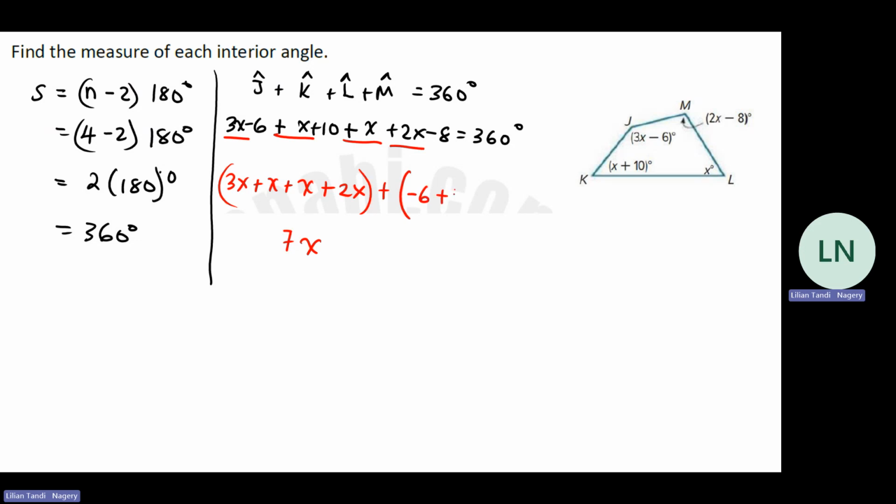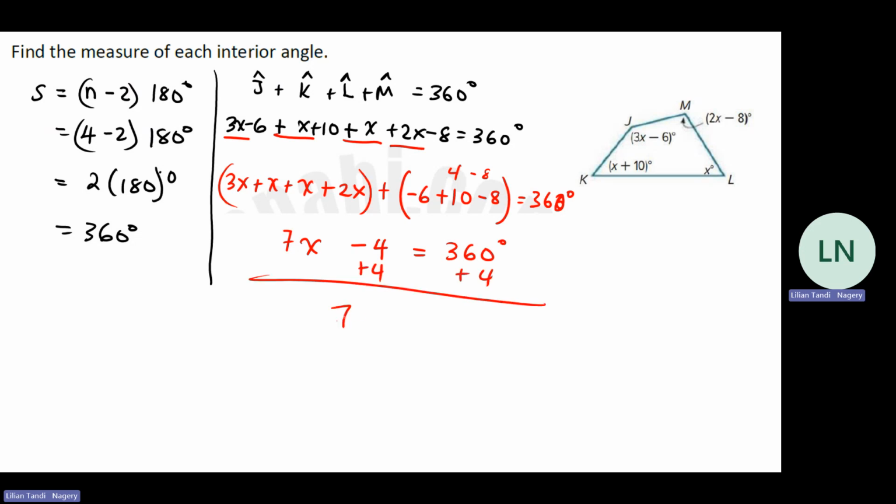Negative 6 plus 10 minus 8 equals 360 degrees. Negative 6 plus 10 is 4. 4 minus 8 is negative 4. Then you add 4 on both sides. You should get 7x equals 364.